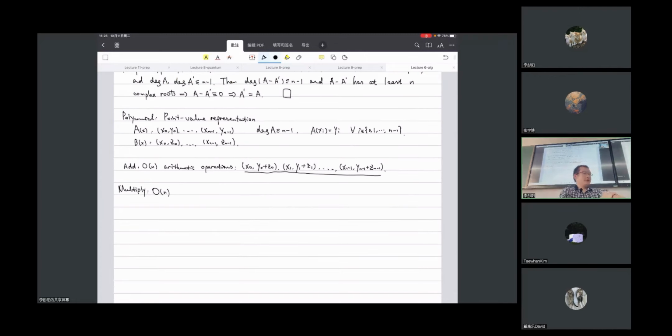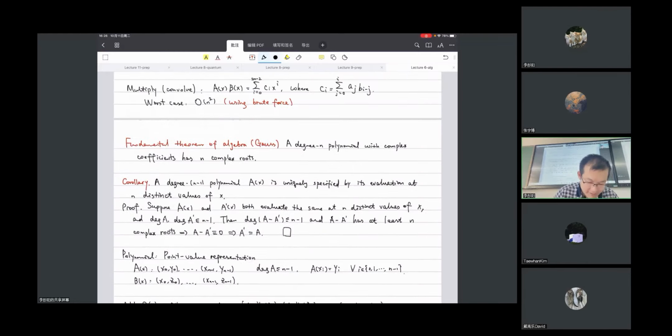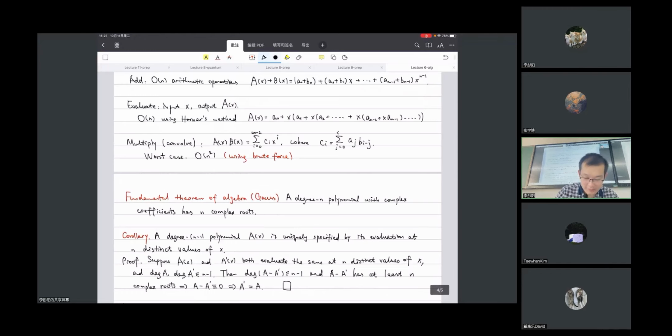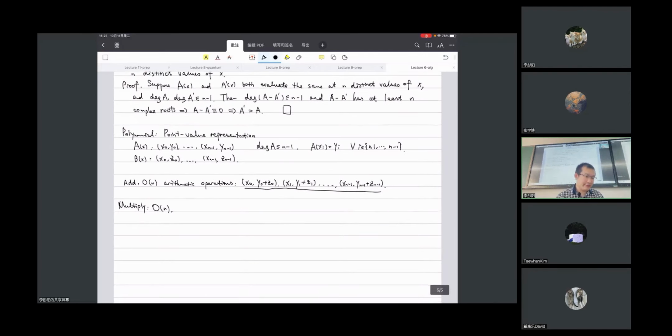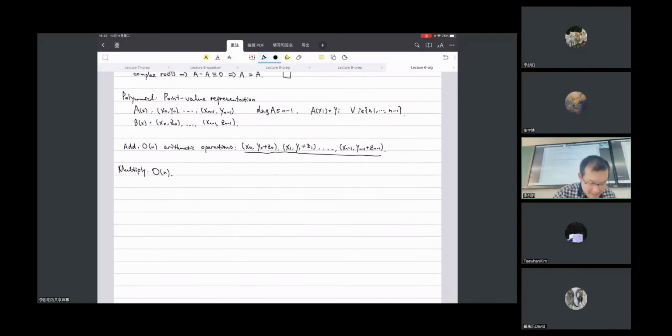You only need O of n points to calculate the multiplication, but we need to be a little bit careful because if you consider multiplication of polynomials, its degree becomes at most 2n minus 2. So this is something we need to pin down here. We don't want to lose control here. So we say that the cost of multiplication is O of n, but we need 2n minus 1 points.